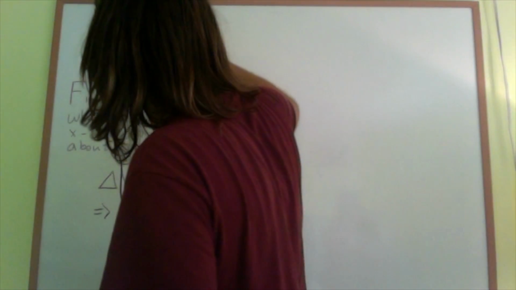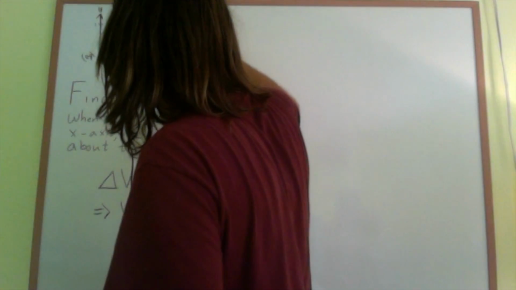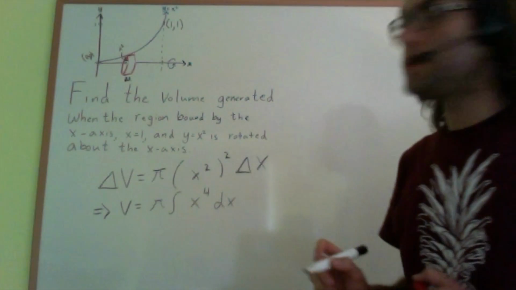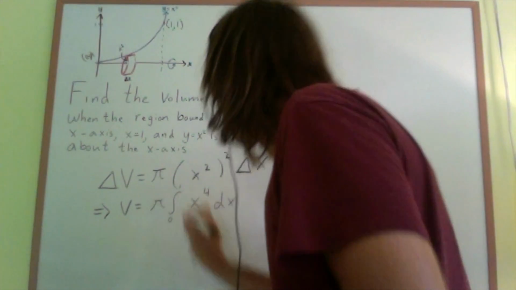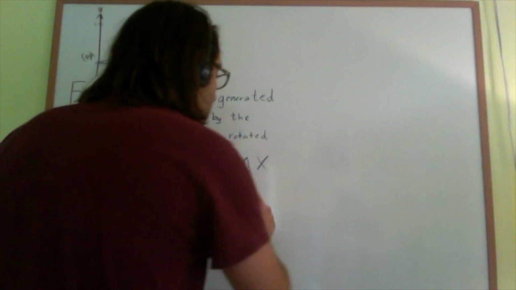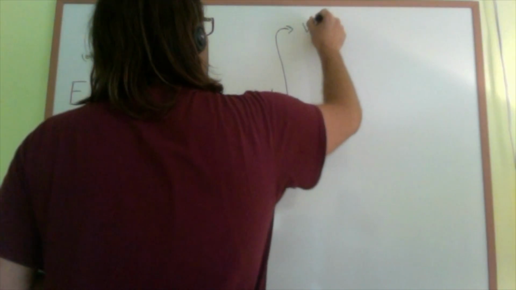And then over here, this is 1, 1. So this is going to go from 0 to 1. Okay, so now all that's left is to go ahead and work this out.